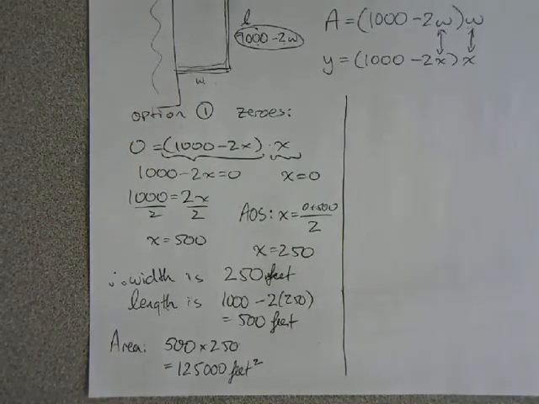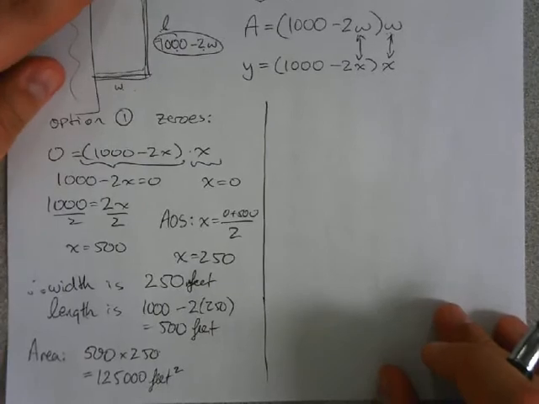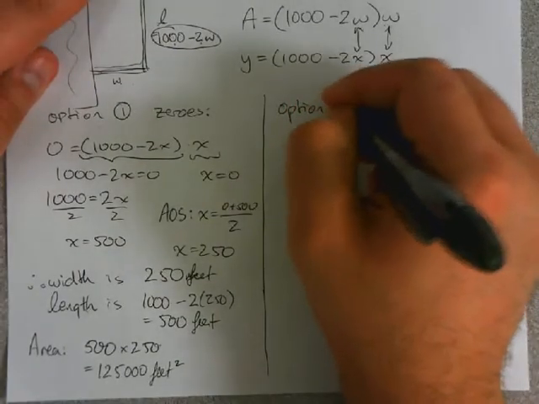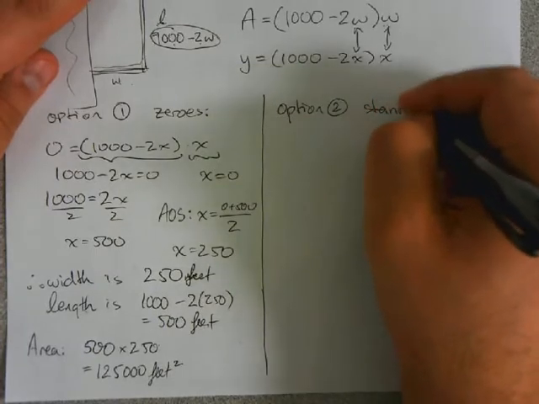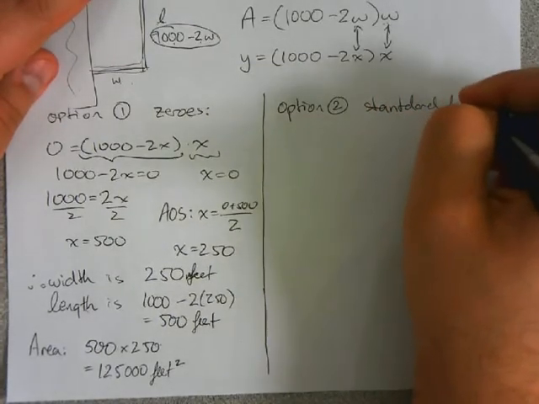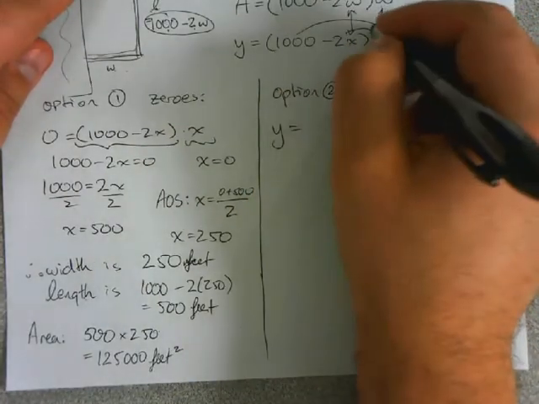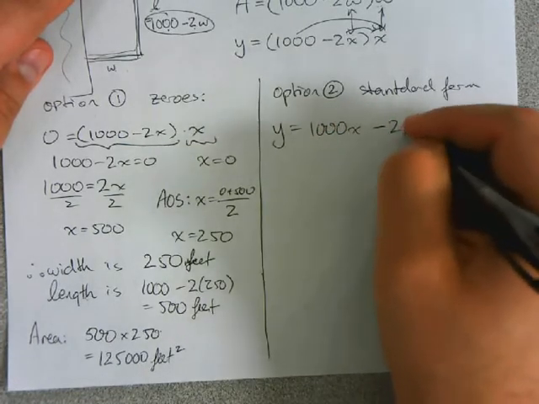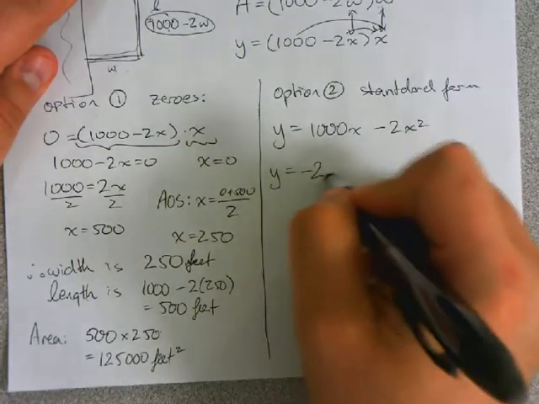The other way that we could do this is, because remember, we have multiple ways of finding the optimal value, our option 2 is to find the axis of symmetry from standard form. In order to get standard form, I have to expand this. So I get 1000x minus 2x squared. I rearrange it because I always want the squared term to go first.